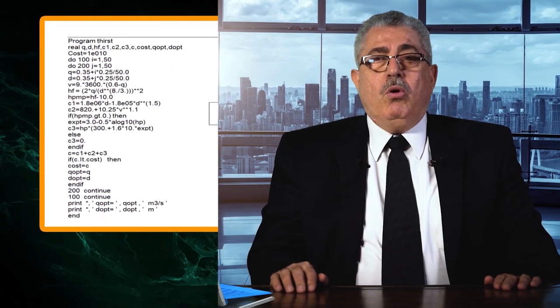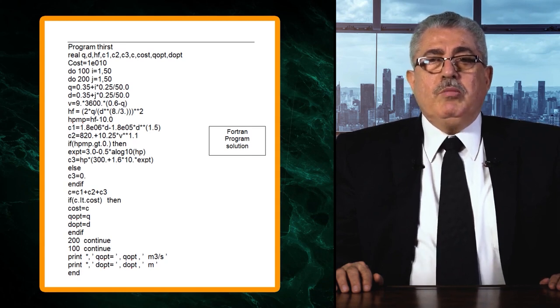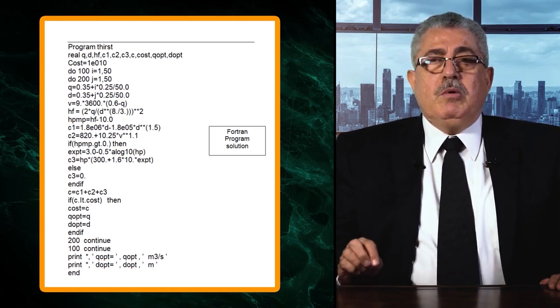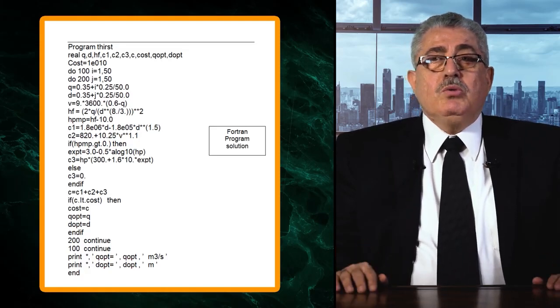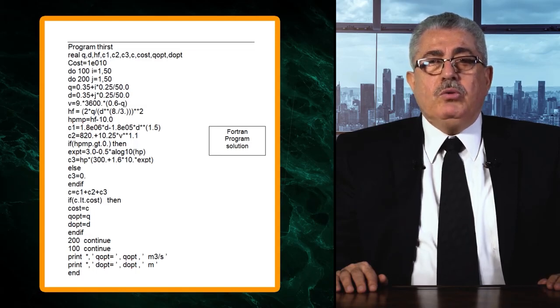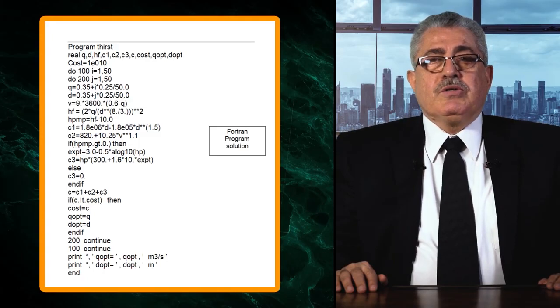Optimization by enumeration. Enumeration means that we calculate all the feasible combinations of Q and D in the whole domain and choose the minimum one. This Fortran program has 2 nested do loops to try 50 values of Q and 50 values of D to calculate total cost for 2,500 combinations.